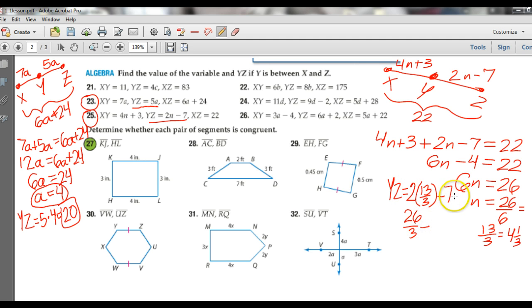If I convert 7 to thirds, 7 times 3 would be 21/3. 26 minus 21 gives me 5/3, which is equal to 1 2/3. So here's our variable, and here's our length.